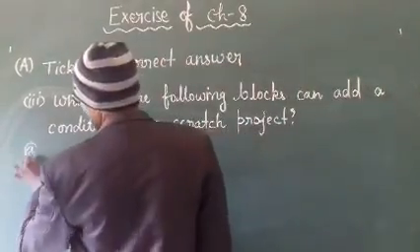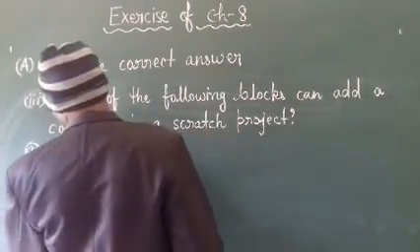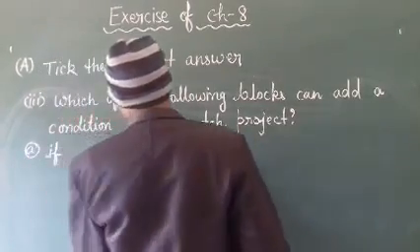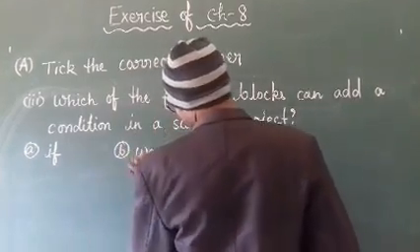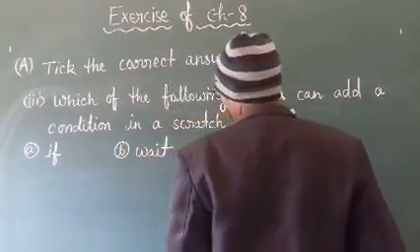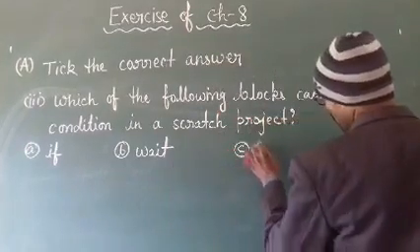In this there are three options. Option number first is if, option number B is wait, and option number C is pen down.